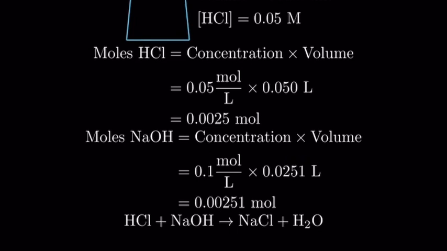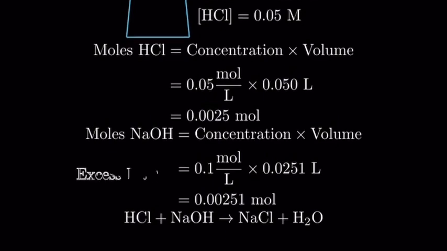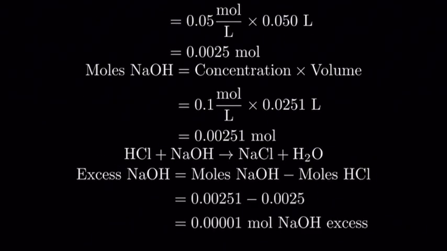Let's determine if we have excess acid or base. We can subtract the moles of HCl from the moles of NaOH. We get 0.00251 minus 0.0025, which equals 0.00001 moles of excess sodium hydroxide. Now we need to find the concentration of this excess sodium hydroxide.